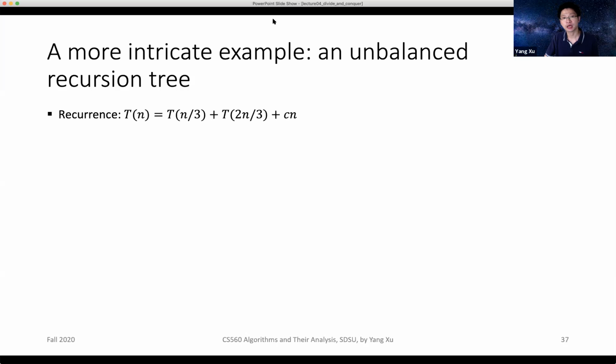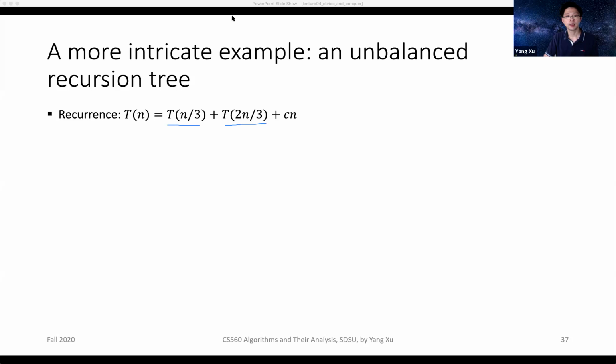What this recurrence says is that when we split the original problem into smaller ones, we don't do an even split, but a proportional split. We solve the first 1/3 of the original problem, and then the first 2/3 of the original problem. So that's what this recurrence indicates.